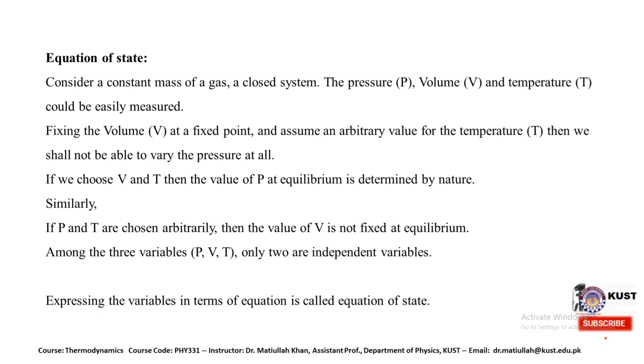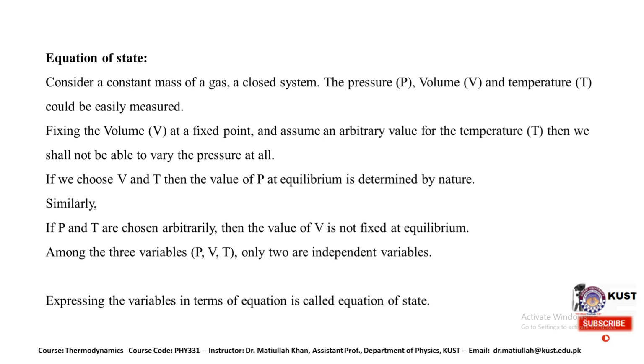So if we consider any two properties to be measurable, the third value is determined by nature. The third case is that if P and T are chosen arbitrarily, then the value of V is not fixed at equilibrium.